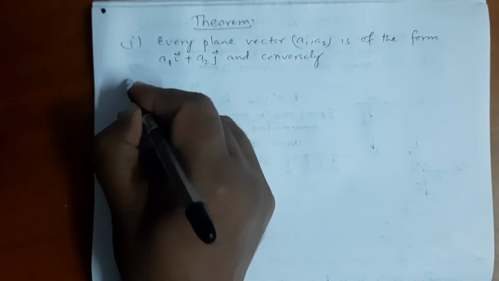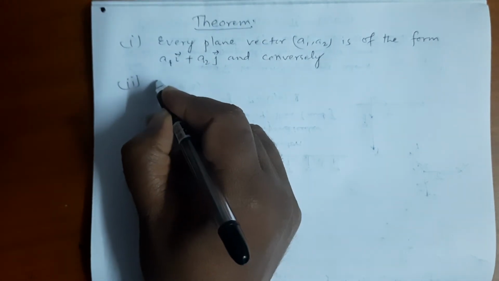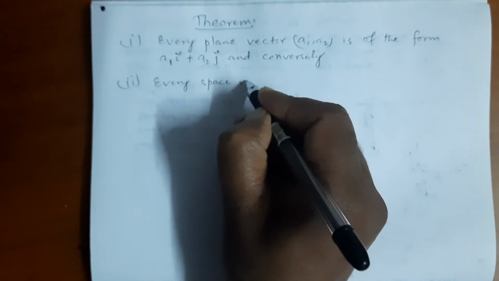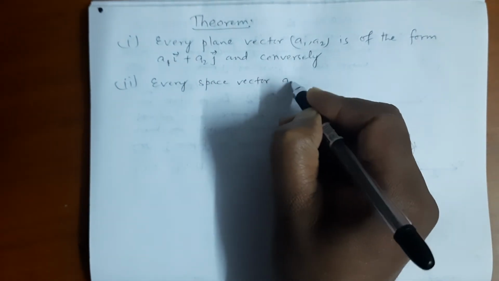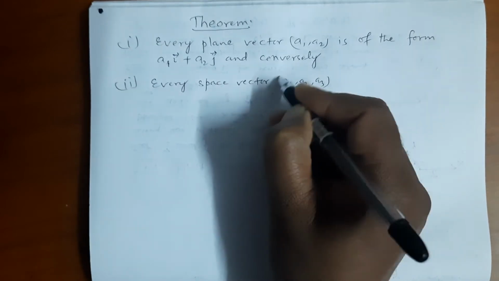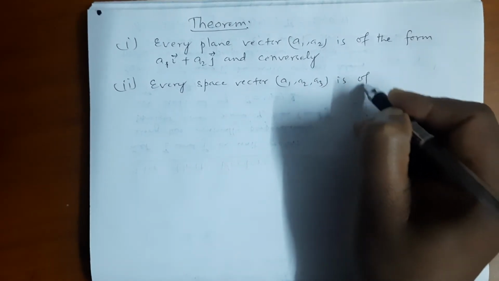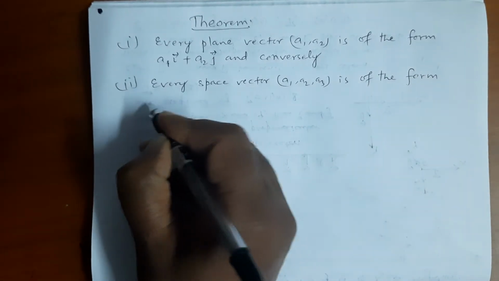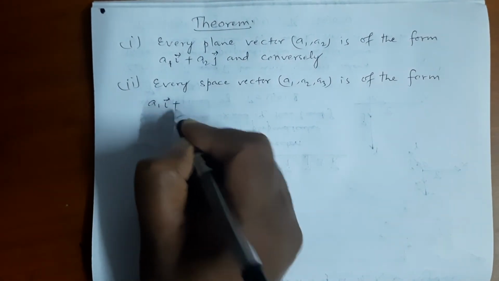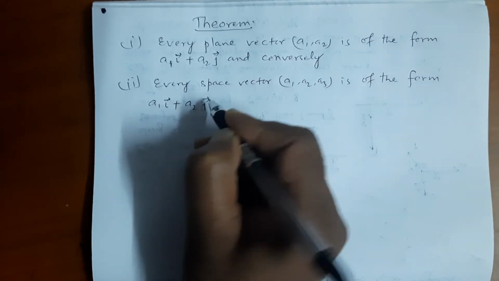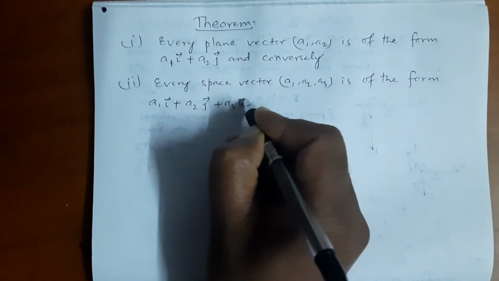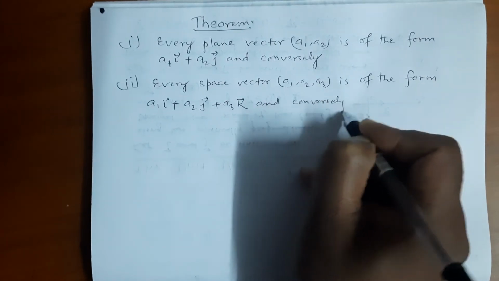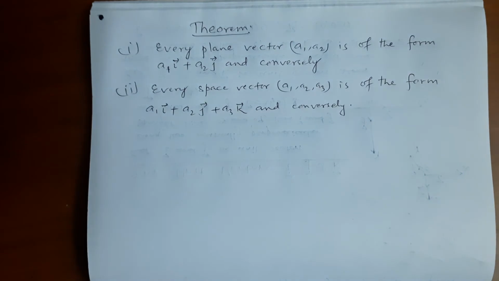And the second theorem is: every space vector (a1, a2, a3) is of the form a1 I plus a2 J plus a3 K, and conversely.